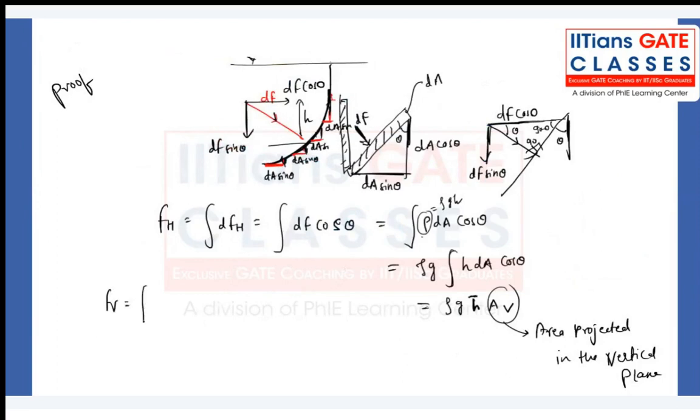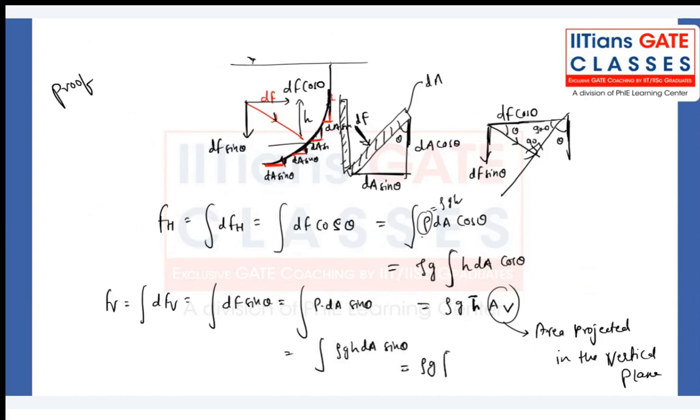Fv will be dFv. Once again, we can write dF into sin theta. Once again, we can write p into dA into sin theta. So once again, p is rho g h, dA into sin theta. My dear friend, what can we write? Rho g, now integration of h dA sin theta.